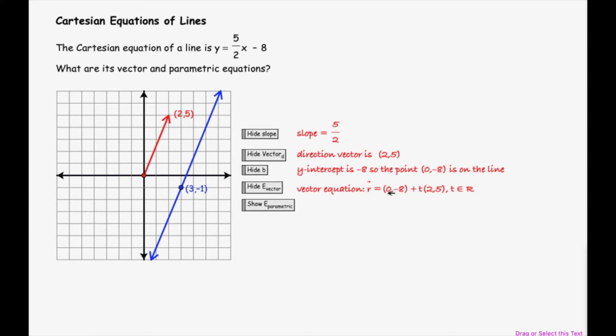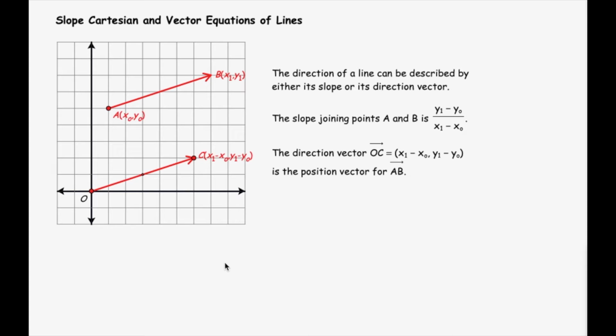Parametrically, we're going to grab 0 plus 2t for the x component. We'll have -8 plus 5t for the y component. So there are our parametric equations. And then we should just note, of course, that t is any real number. So we can go back and forth from vector and Cartesian.